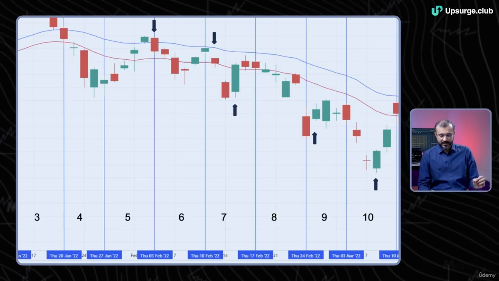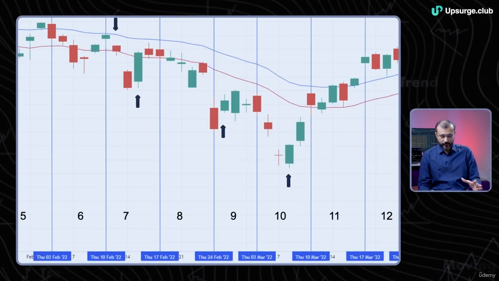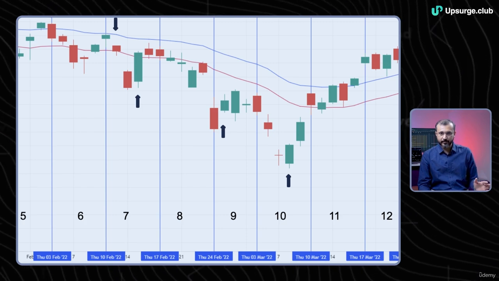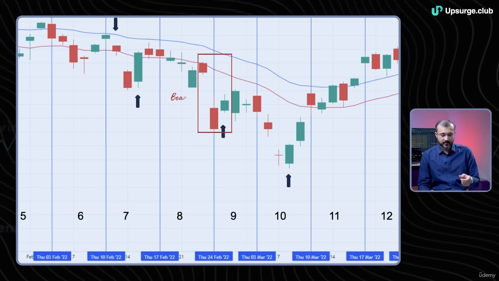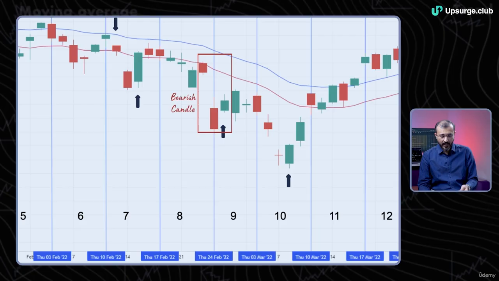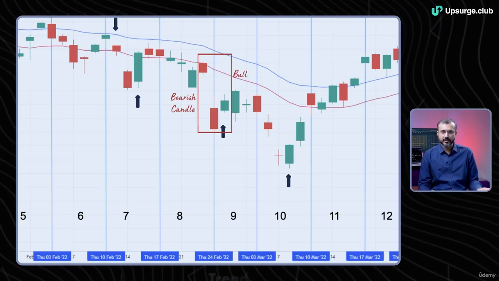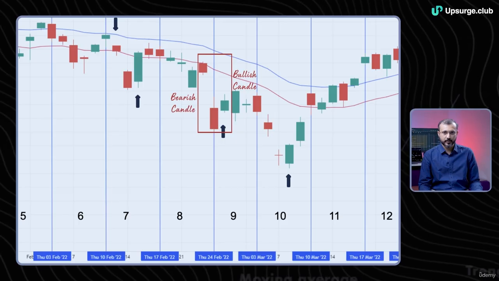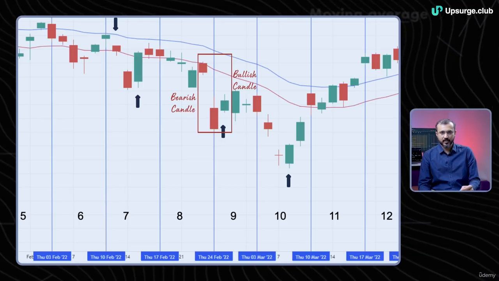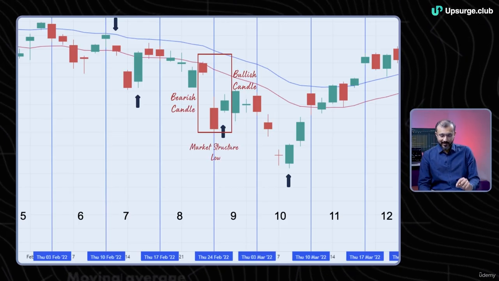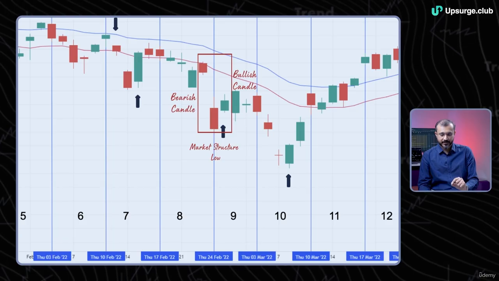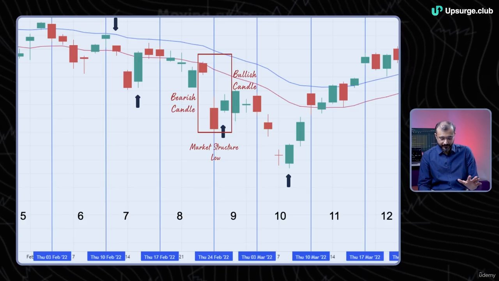The next market structure low got formed on 25th of Feb. There are two bearish candles, the first candle, then a huge gap down, and the third candle is a bullish candle closing above the previous open, which confirms that it's a market structure low. Now the next market structure low is very interesting.